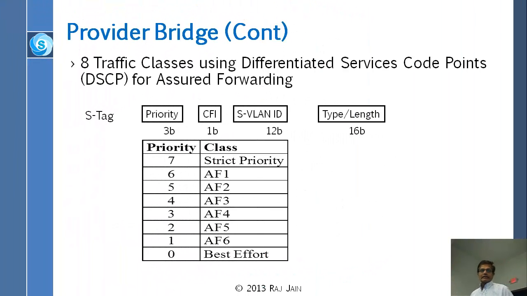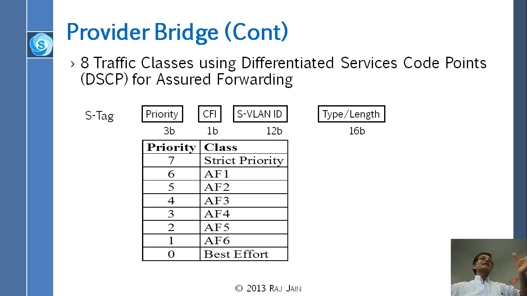Now, that tag, the service VLAN ID, is 12 bits, and then there are 4 bits in front of it, priority and CFI. Now these priority and CFI are not the customer priority or customer CFI. These are the service provider's priority and CFI. So say you are a customer, Bank of America, and this is a customer, Raj Jain.